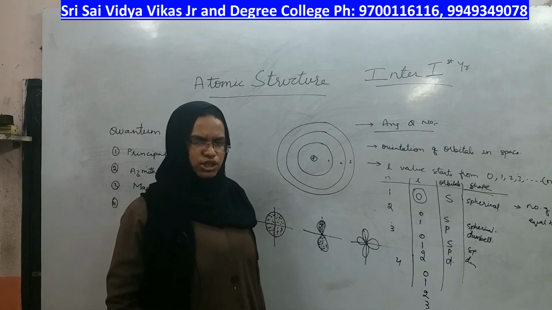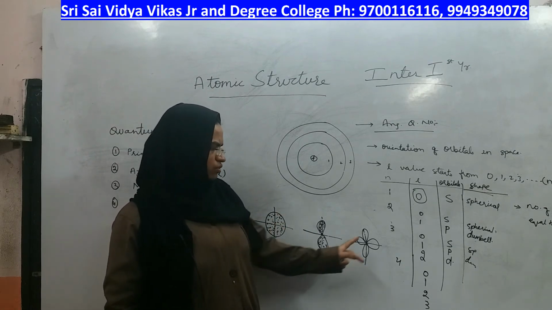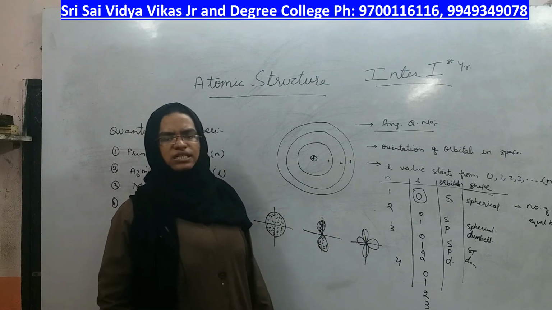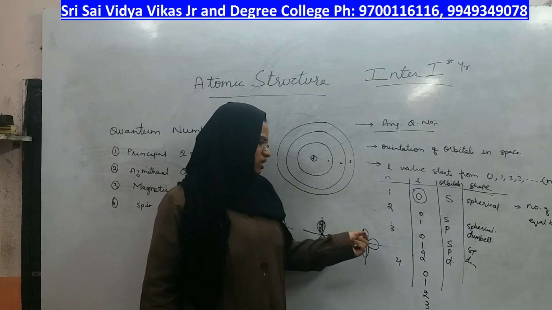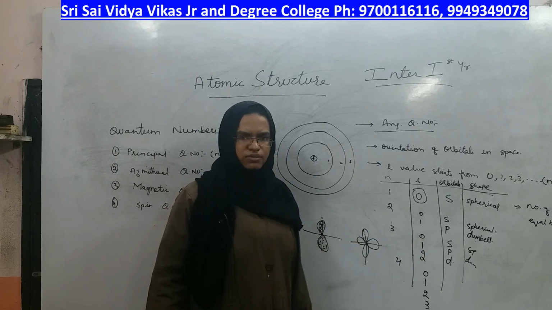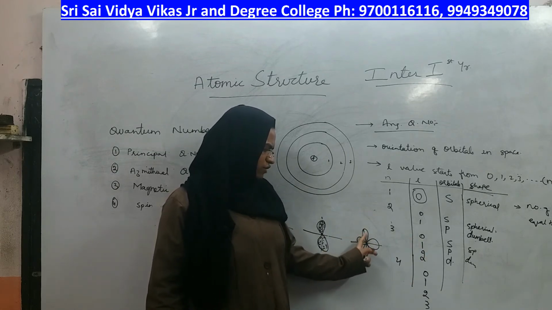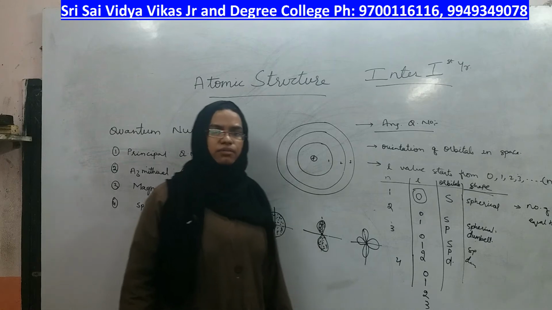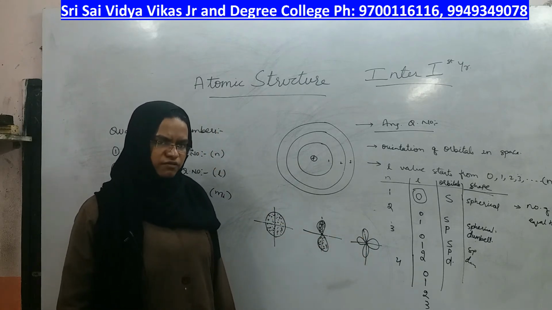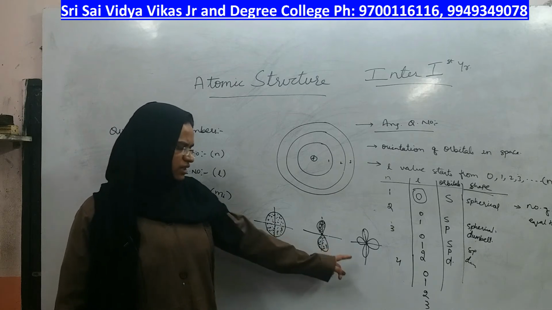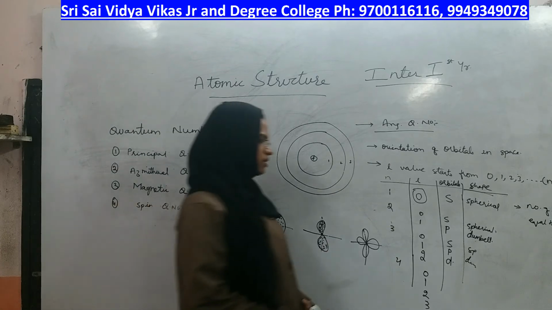Therefore, how many nodes are you able to get here? 2. So whichever subshell gets 2 nodal points is called the D subshell, and the orientation of the lobes is like a double dumbbell. One dumbbell faces horizontally and the other faces vertically, right? Therefore, that shape will be double dumbbell.